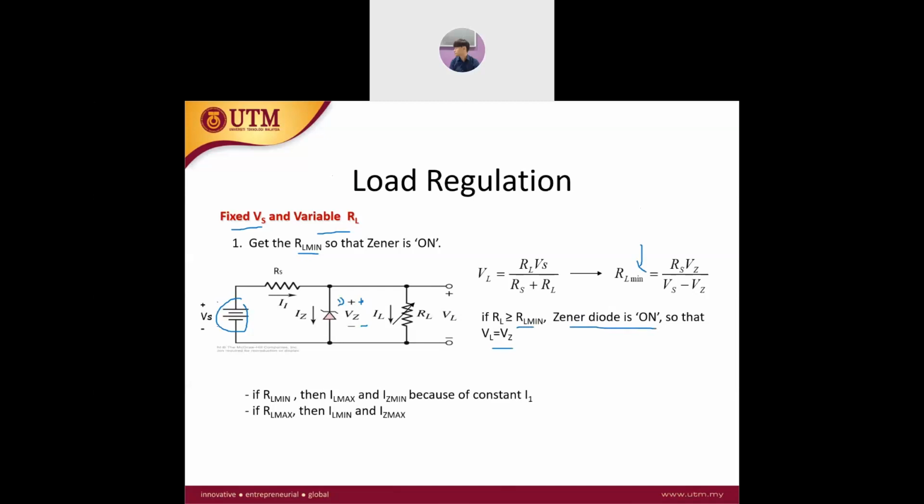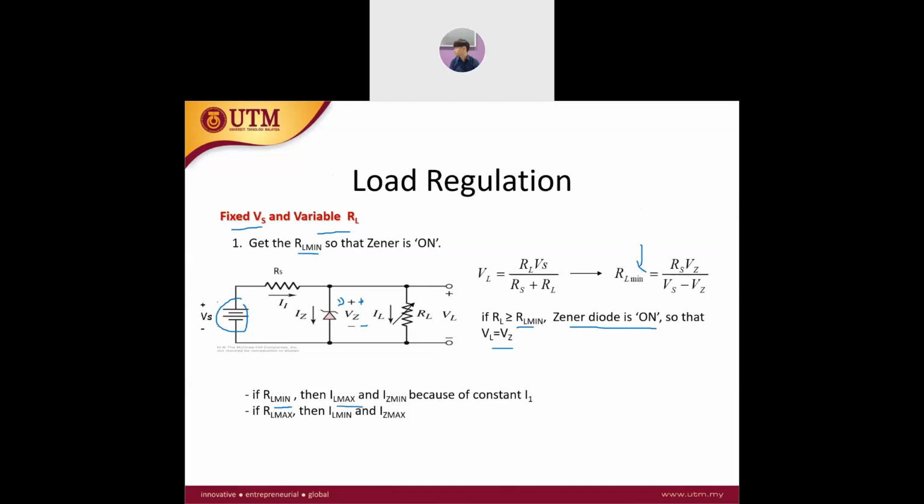If RL min, then IL max, then IZ min because of the constant I1. If RL max, then IL min and IZ max. You can see the difference here, right? If our resistance is minimum, most probably our current will be maximum.